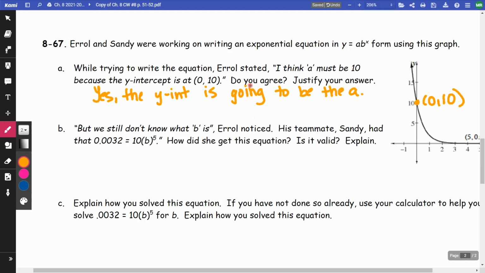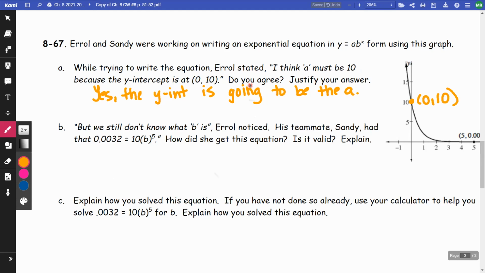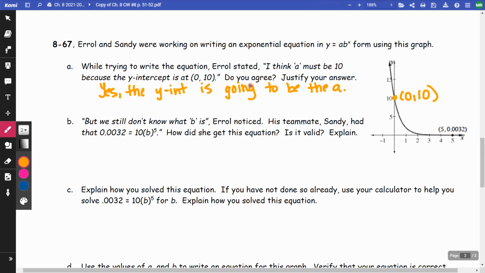So they noticed that when they put this in, they ended up getting this equation here. Since we know that it is y is equal to 10 times b to the power x, just like I was doing on the other page, they took this point here, (5, 0.0032). So that's where they ended up with 0.0032 is equal to 10 times b to the 5th.